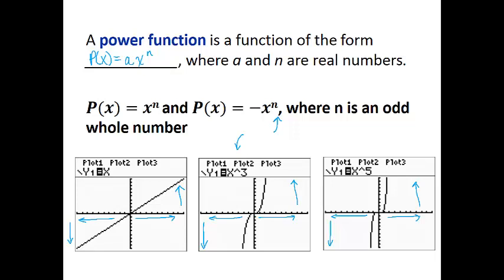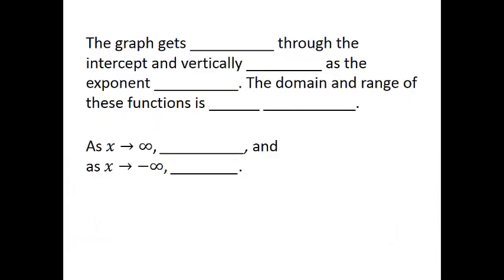So we can state those facts here. The graph gets flatter through the intercept and vertically steeper as the exponent increases.